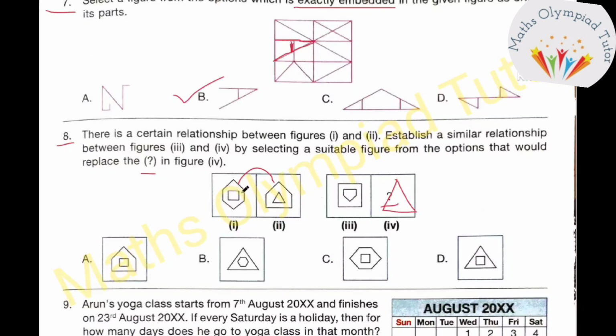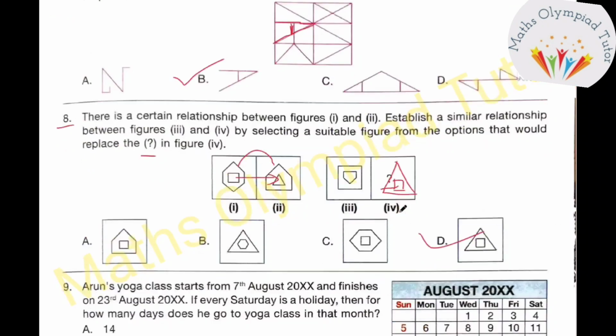The inner figure has 4 sides, again the sides are getting decreased, 4 minus 1, and we are getting a triangle here. Same way here, the pentagon is there with 5 sides, it will decrease by 1 and we'll be getting a square or a rectangle with 4 sides as the inner figure. So the same is here in option D. So we will select this.